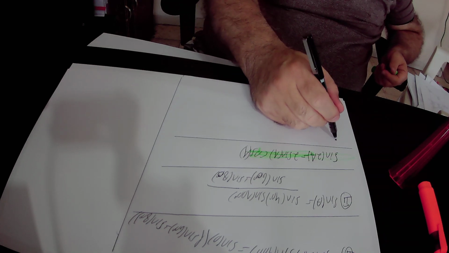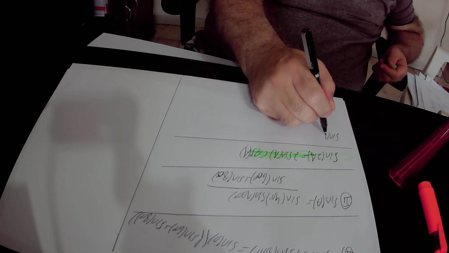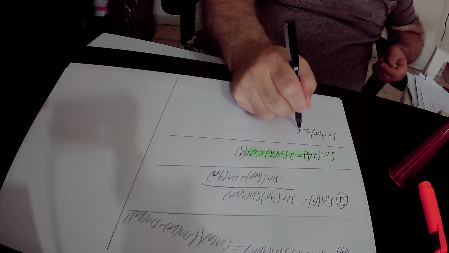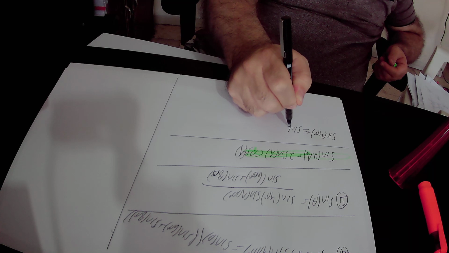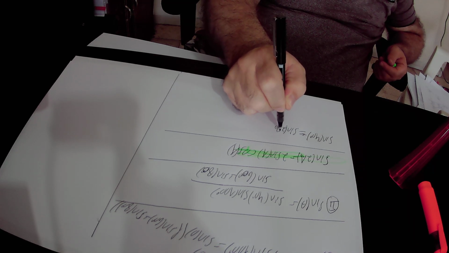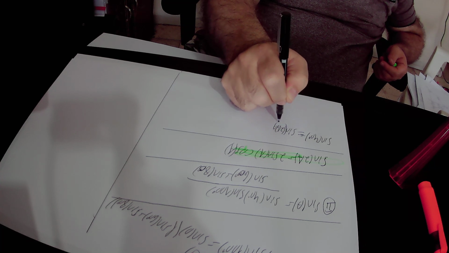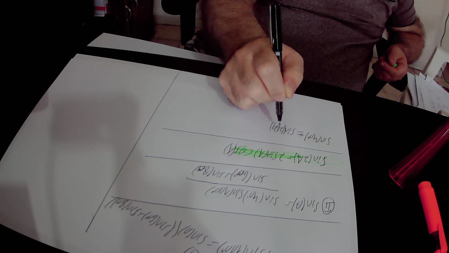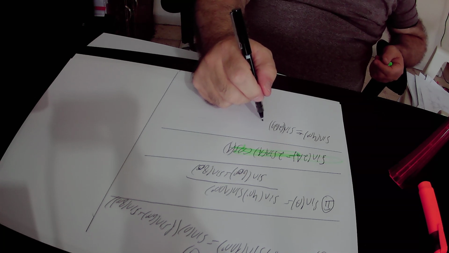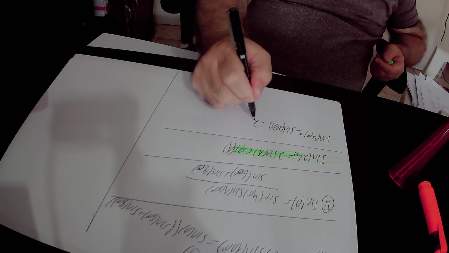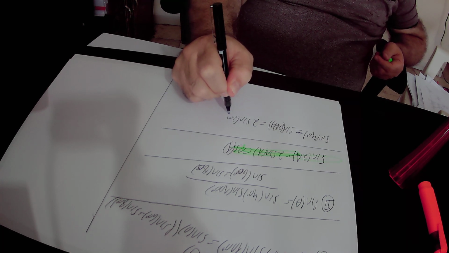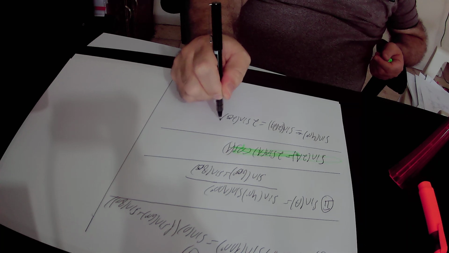And we get that sinus 40 degrees is equal to sinus 2 times 20 degrees, and according to this identity, sinus 2 times 20 degrees equals to 2 times sinus 20 degrees times cosine 20 degrees.